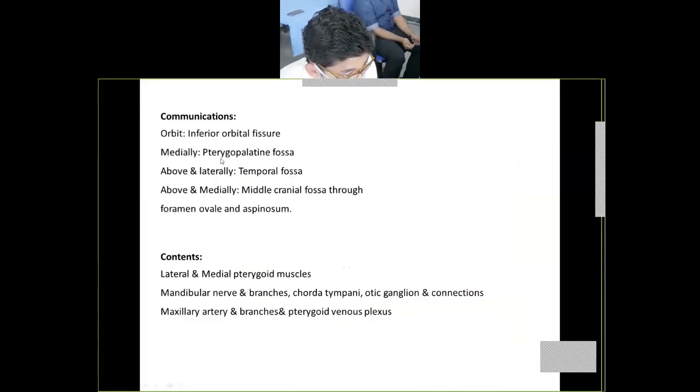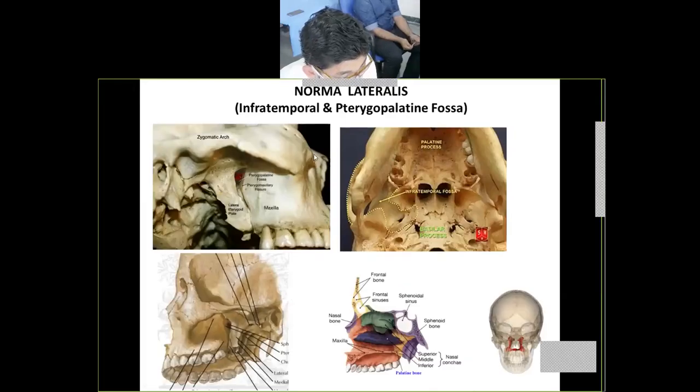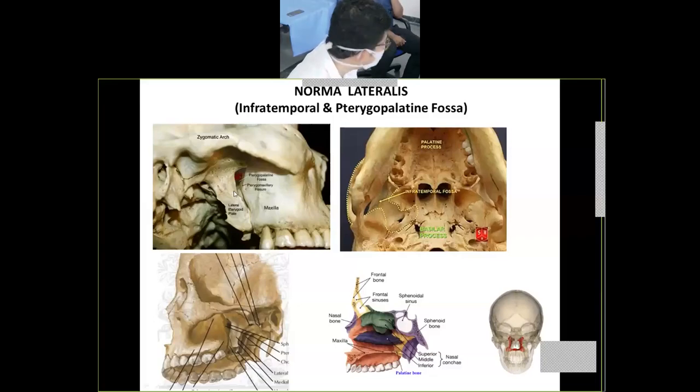Then next is medially the pterygopalatine fossa. This is the lateral pterygoid plate. This is the maxilla. There is an opening in between them. Okay, this opening is known as the pterygomaxillary fissure. Through this fissure, if you go inside, you will find an area which is guarded by the anterior surface of both the pterygoid plates.